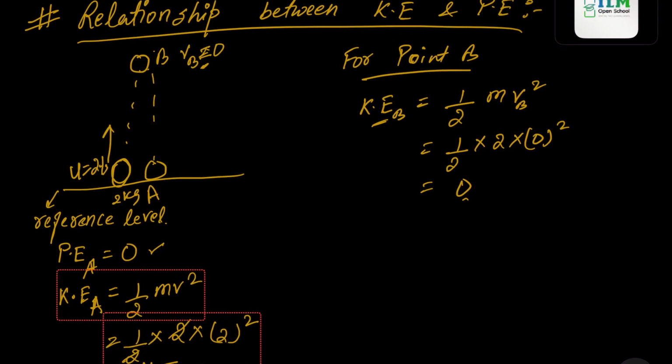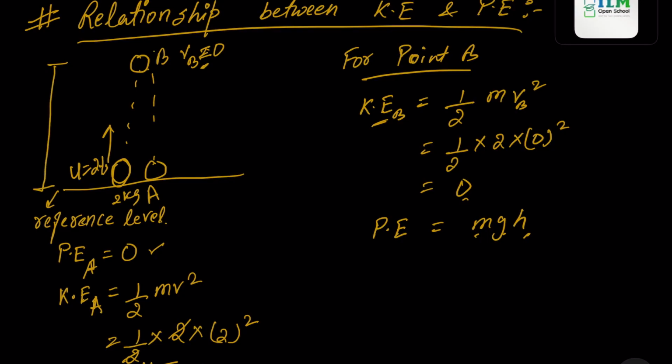Now we will find out the potential energy. Potential energy is mgh. m is mass, g is acceleration due to gravity. What is h? h is the height reached by the ball, the change in position from here to here.